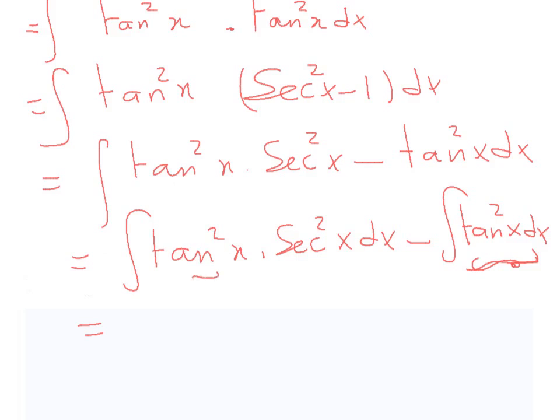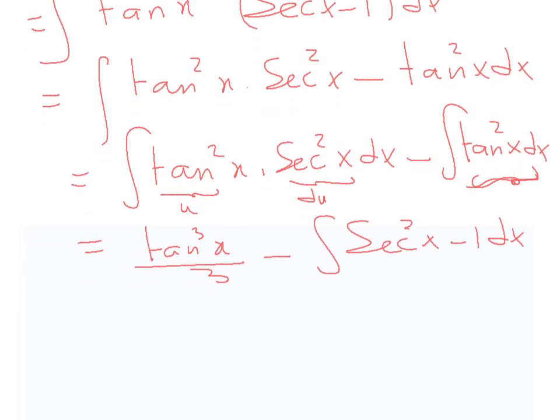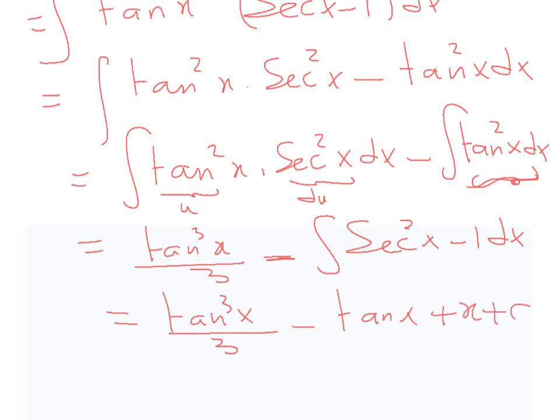Integration of the first part, where this is u and this is du, is tan cubed divided by 3, minus, again using secant square minus 1 dx, which is equal to tan. So this is tan cubed divided by 3 minus the integration of secant square, which is tan, and the integration of minus 1 is minus x, but there is a minus here, so it will become plus x, plus constant.